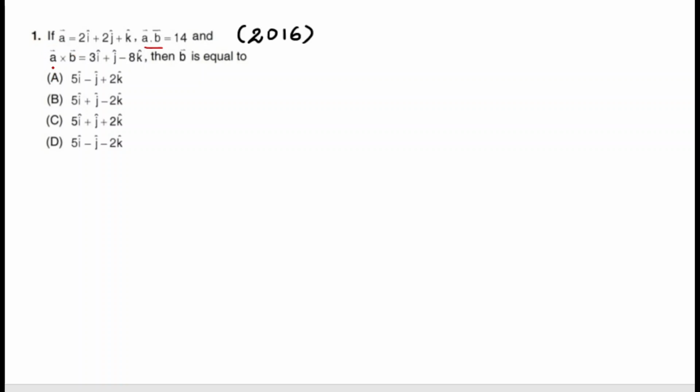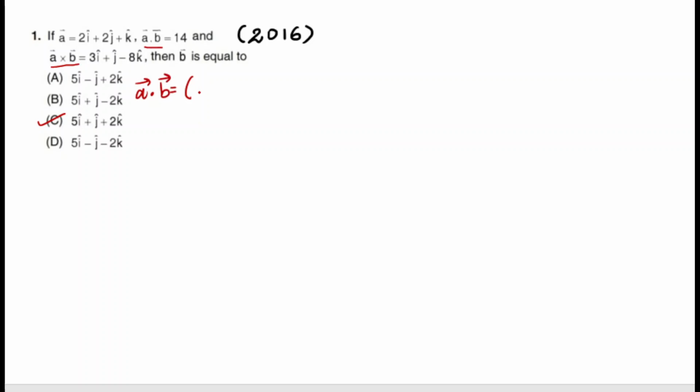They have given a vector, then we will solve for a vector cross b vector, keeping one option one by one. Now I have solved already. I'll go with the option C. We will check for the option C whether these two conditions are satisfied or not. Now a vector dot b vector, right?